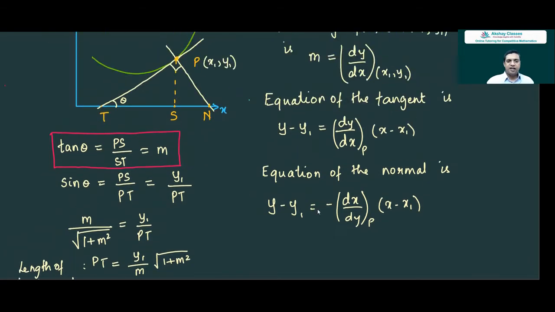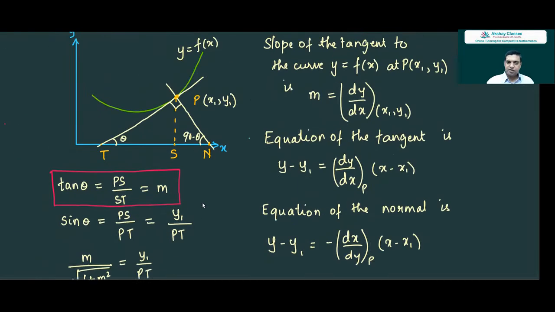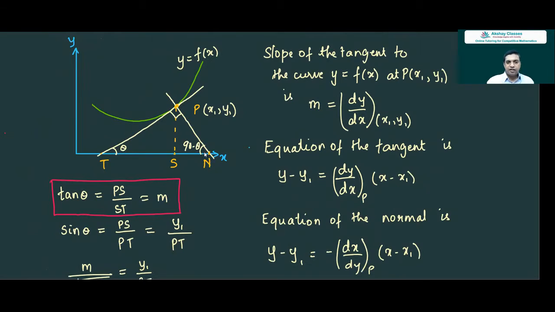Similarly, we can find the length of the normal. So to find the length of the normal, this is 90 minus theta. So again, take tan of 90 minus theta is PS upon PN. I'm sorry, it should not be tan.